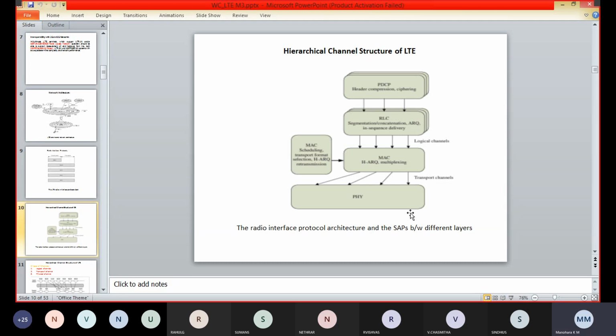So in this section we are going to describe in detail the various logical, transport and physical channels that are defined in LTE.